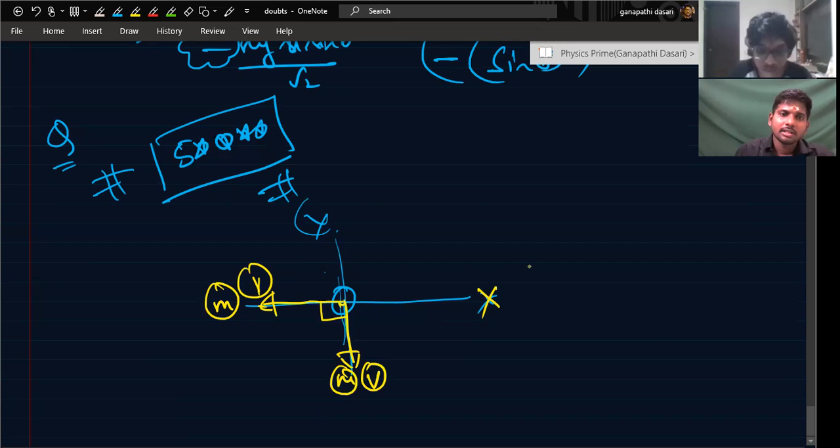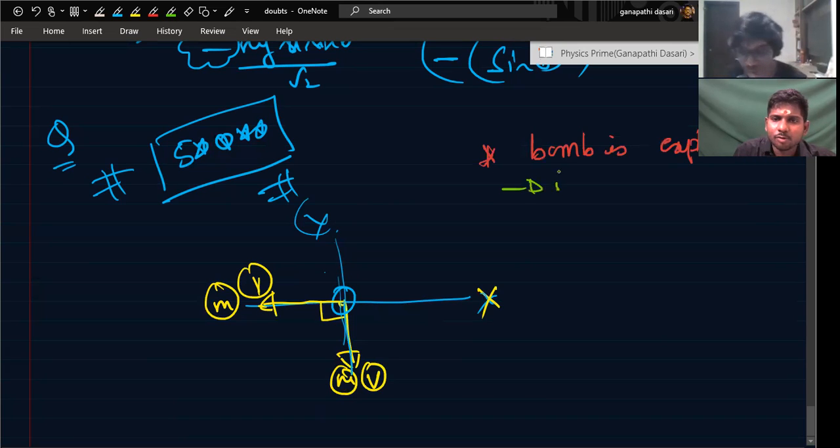The very important crux of it is that when the bomb is exploding, it explodes due to internal force. We know that F net external is equal to dP by dt, right?